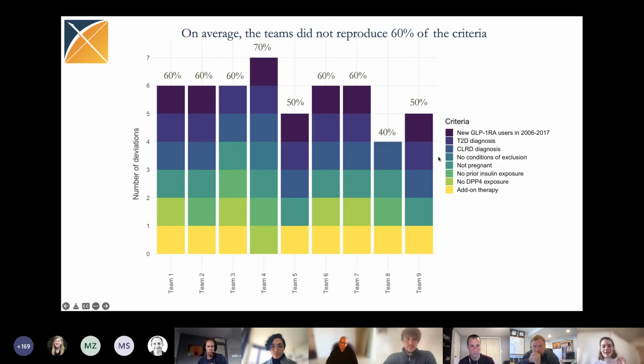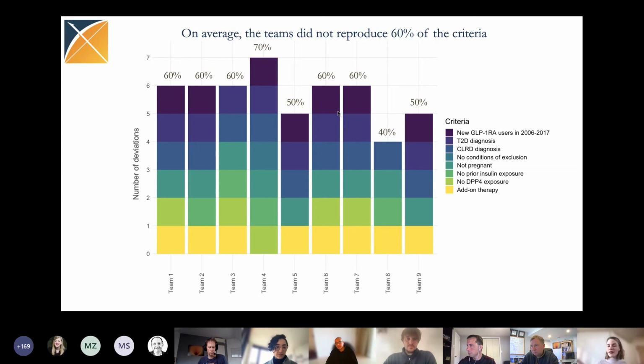This picture represents the teams and the number of deviations in the criteria. Again, we have 10 criteria, and you can see that, on average, teams got 6 criteria out of 10 wrong. Here, I'm saying wrong, but that does not mean they weren't able to understand something; rather, it means the description was not sufficient to interpret it in an unambiguous way.